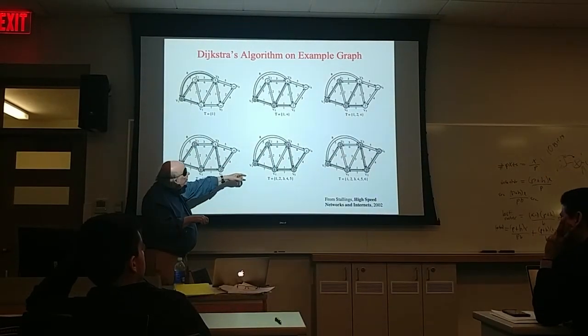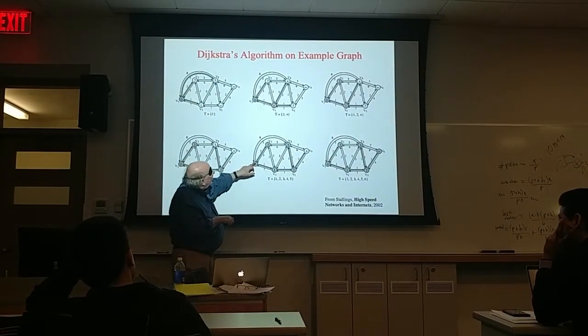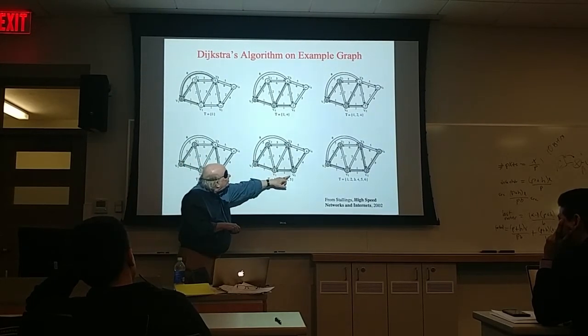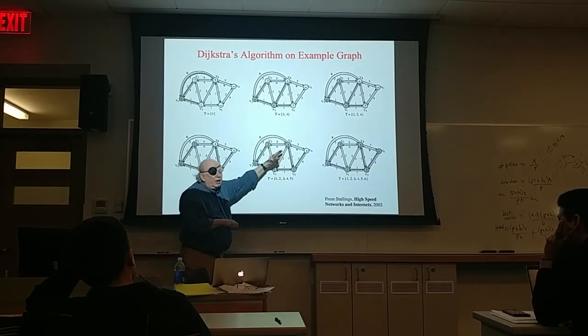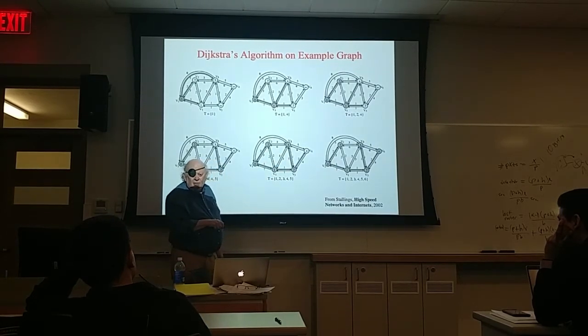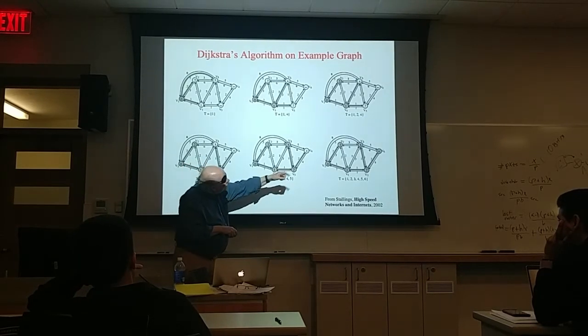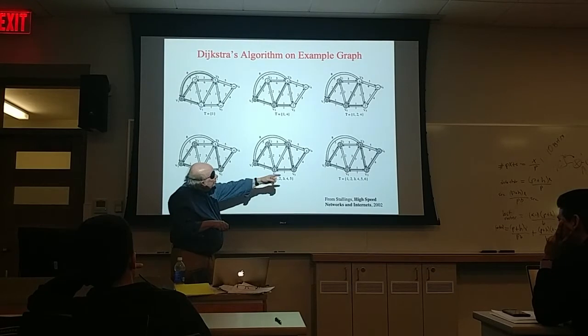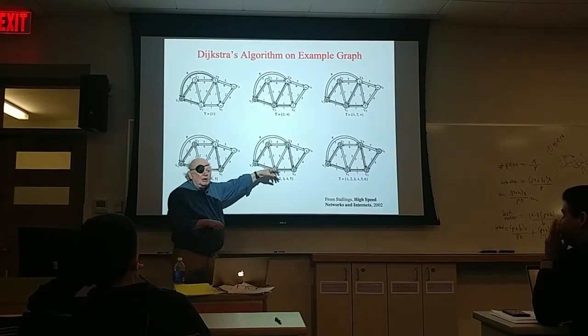Then we come over here, and we've got this one, and this one. The next one to add is either 1 or this one, so we're going to add V3. And then the last one, we're going to pick up V6, which gives us a spanning tree.